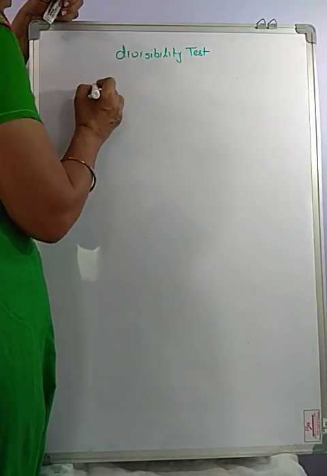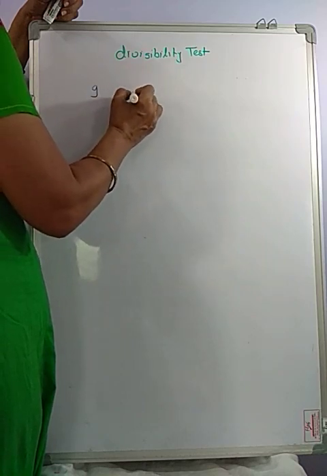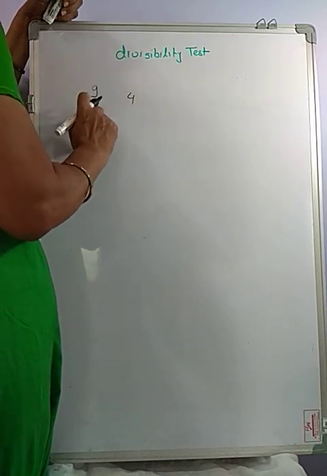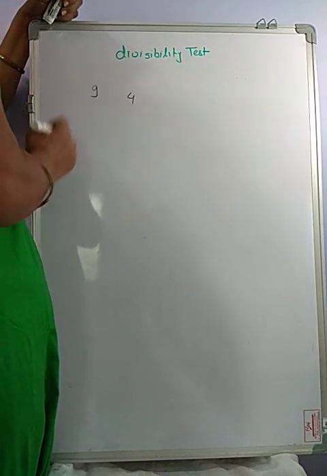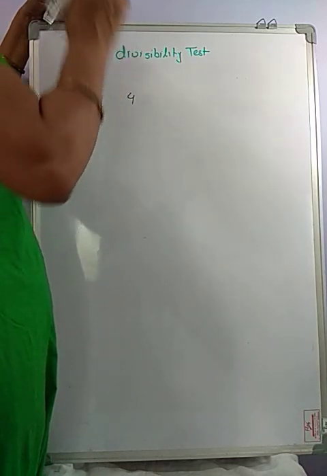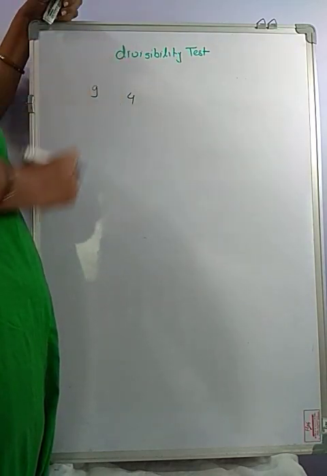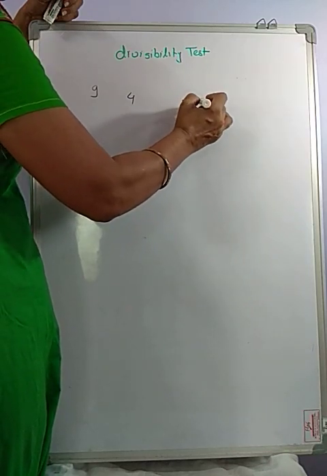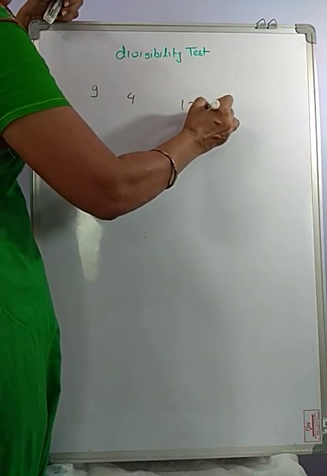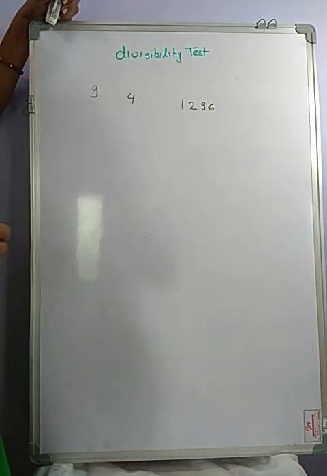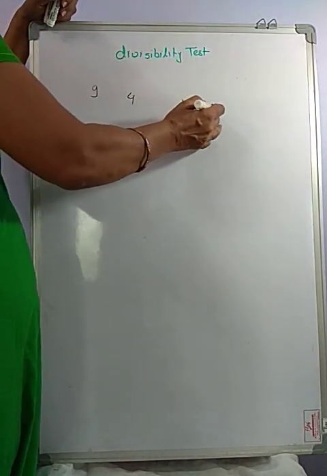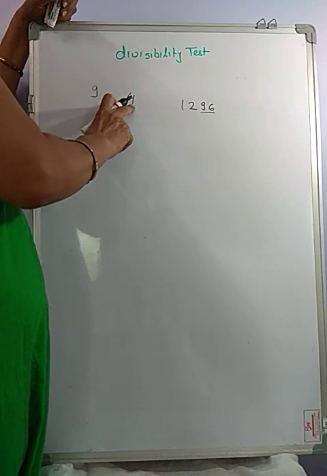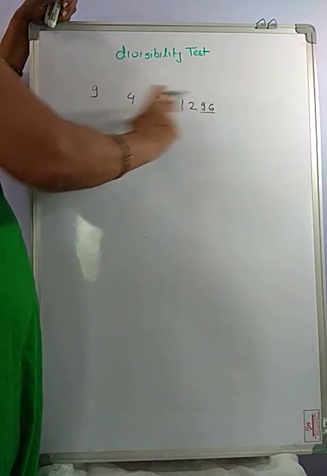For example, if a number is divisible by 9 and by 4, then the number is divisible by 9 into 4, 36 also. Take 1296. Now as 96 is divisible by 4, the number is divisible by 4.